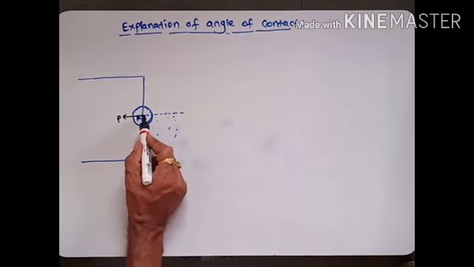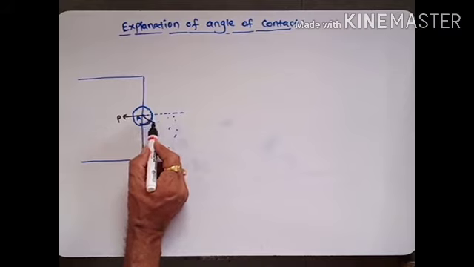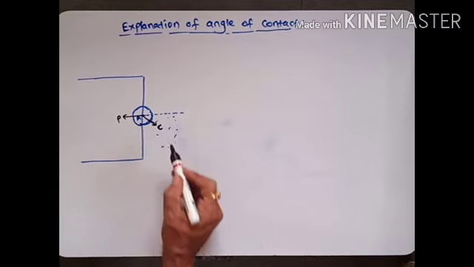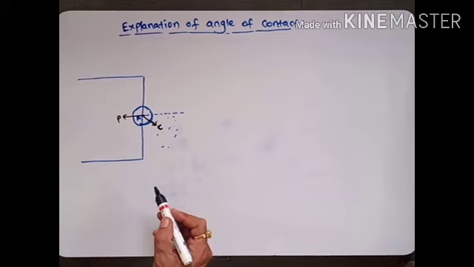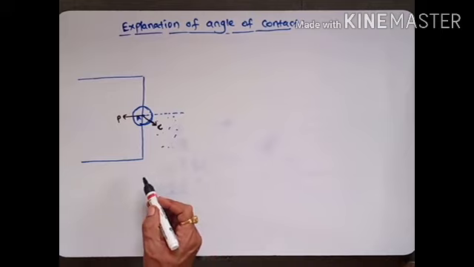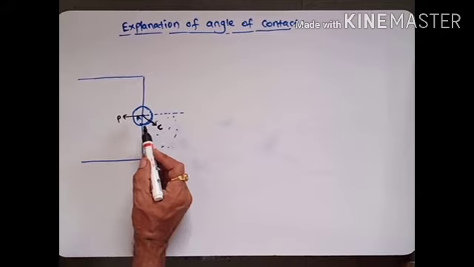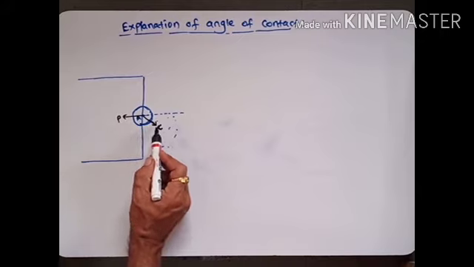Now suppose AC is the resultant cohesive force. We consider AP bar as the resultant adhesive force and AC as the resultant cohesive force.